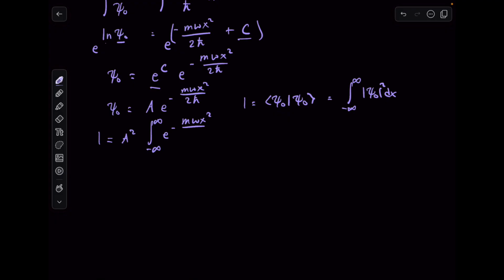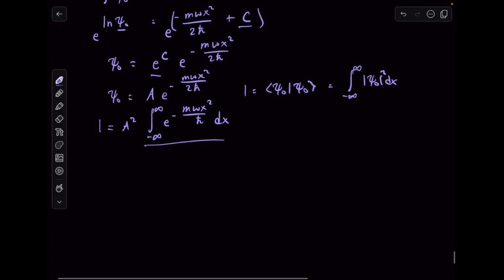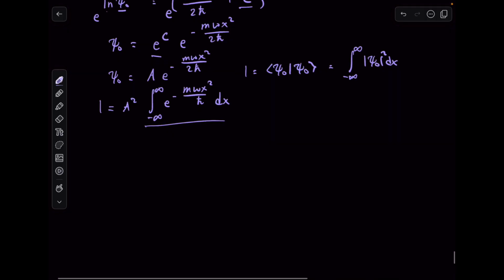Times our exponential here. But we're going to have 2 of these, so I can just get rid of this because we're squaring that. And this is a Gaussian integral, which we can just look up, and it's going to be the square root of pi h bar over mass times omega.